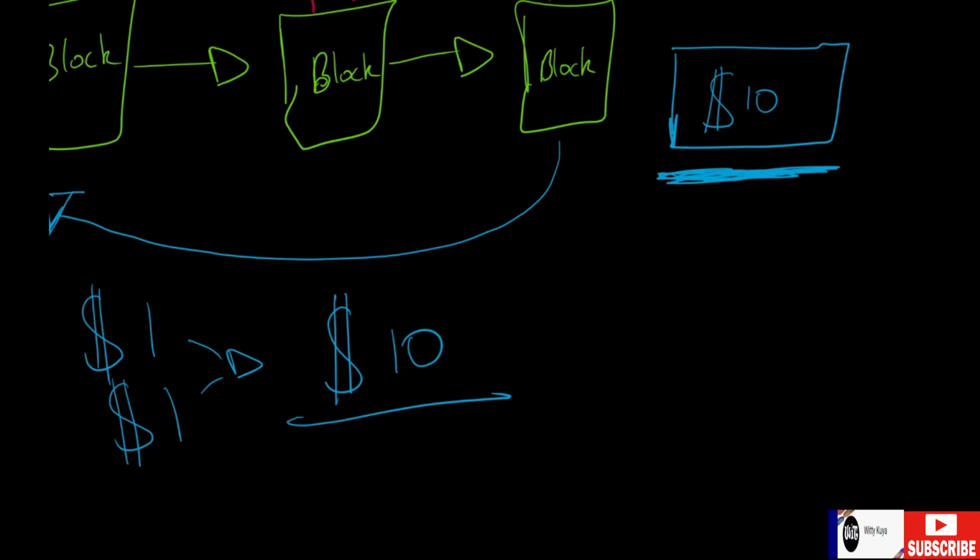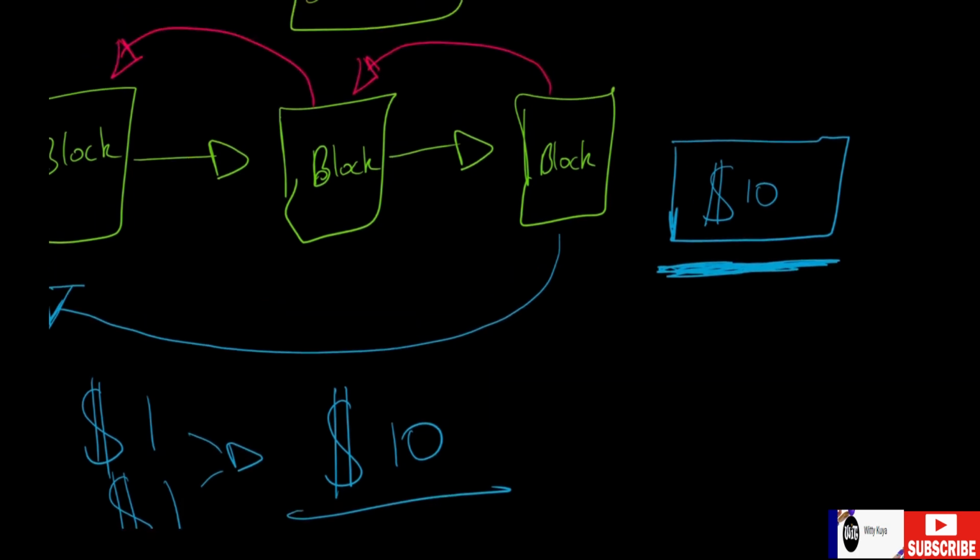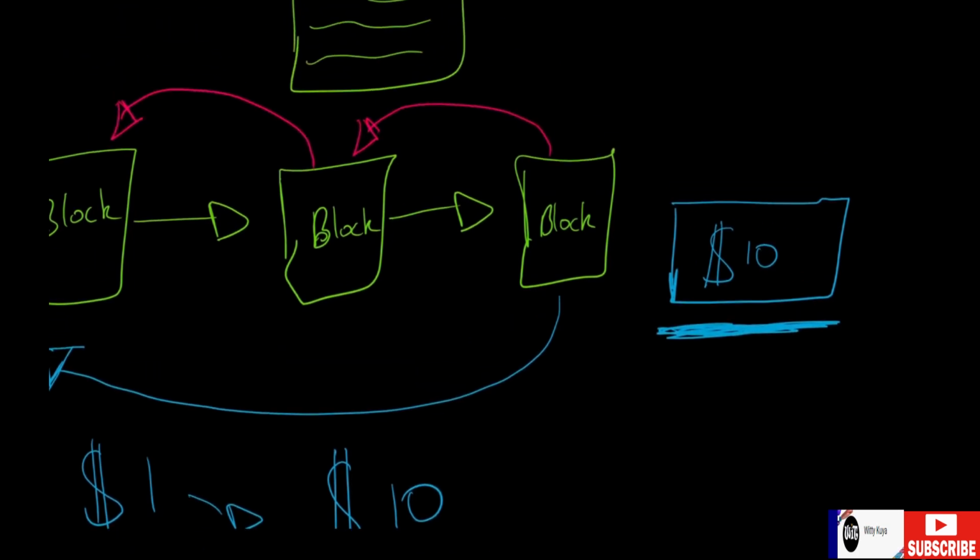Maybe my dad received 10 $1 from 10 different people, and he gave me the $10. Maybe he went to the bank and he changed those 10 $1 into a single $10 note, and that's what he gave me. But I don't know that. Whereas with the blockchain system, it allows you to see the transaction of, I'm saying money in this case, where exactly it has come from and where it is going.